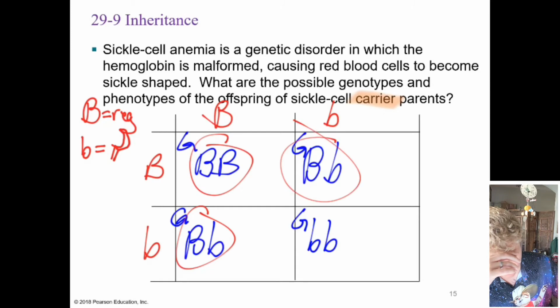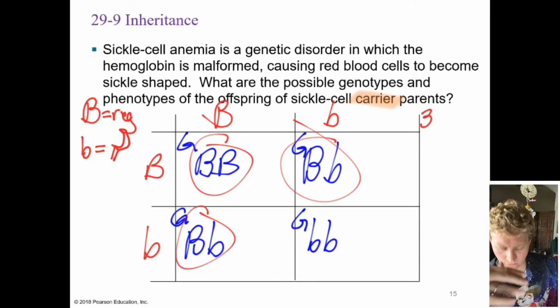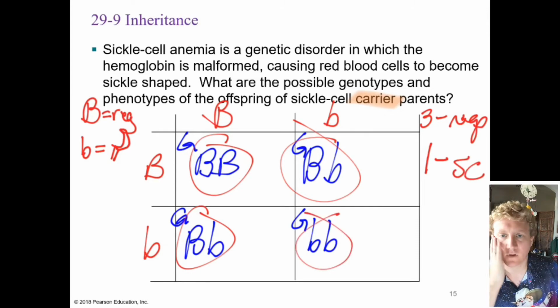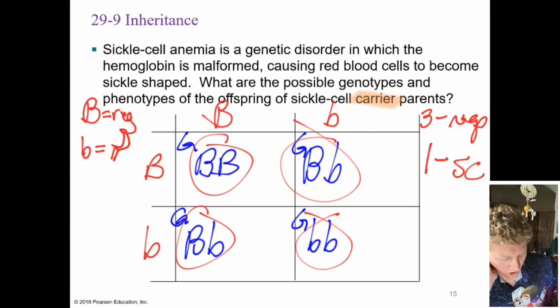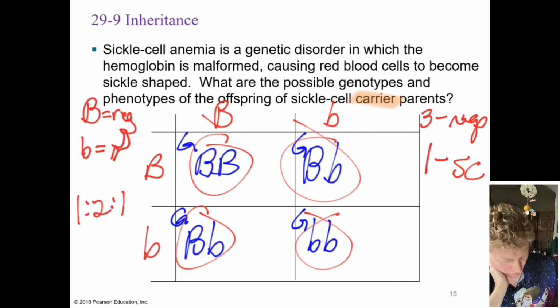So that one and that one are the same phenotype, regular blood cells. So 3 regular and 1 sickle cell. Those are my phenotypes, but my genotypes, it's 1 homozygous dominant, 2 heterozygotes, and a homozygous recessive. A 1 to 2 to 1.